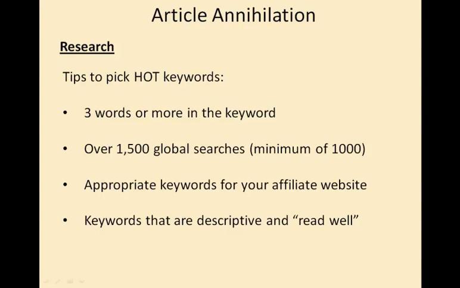Definitely appropriate keywords for your affiliate websites, so things that actually make sense. When you do some keyword research, sometimes you'll find keywords that don't actually sound very coherent together, so definitely choose appropriate keywords. And also use descriptive keywords that read well, so probably things like how to or tips on, keywords that are based around that type of concept.